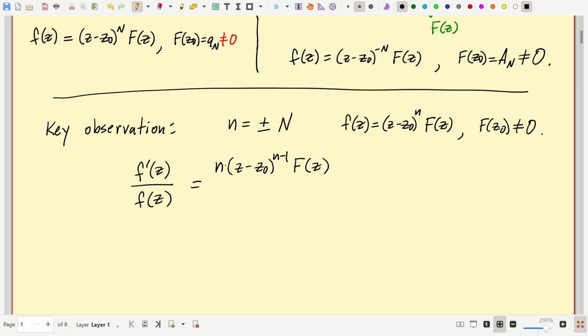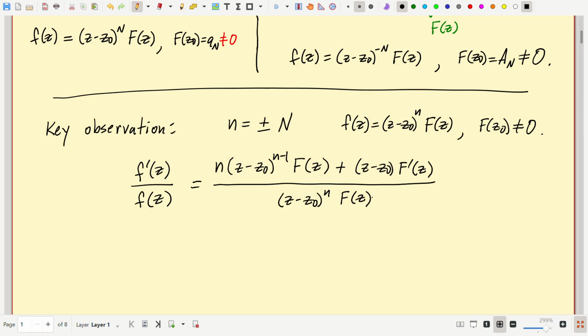True whether or not it's a plus capital N or a minus capital N. Plus, product rule, z minus z0 to the n times F prime of z, capital F prime of z. And now I divide that by f, which is z minus z0 to the n times capital F.